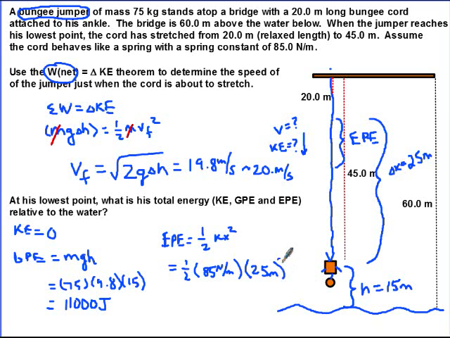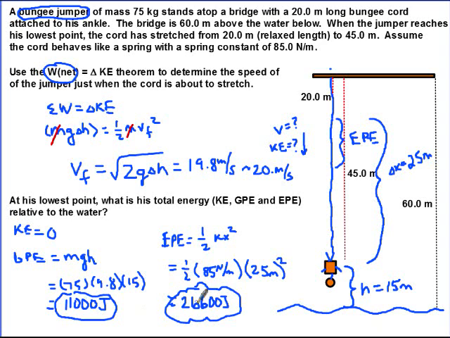And again, the way I got that 25 was by subtracting the 20 from the 45. So the elastic potential energy would be about 26,600 joules. And again, with sig figs, I'd probably round that to 27,000.